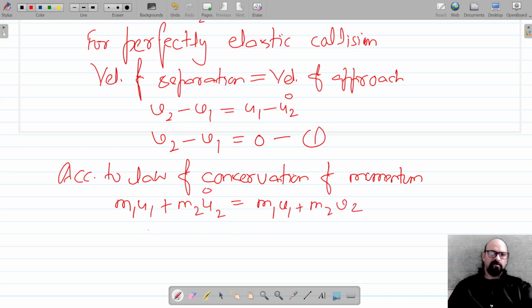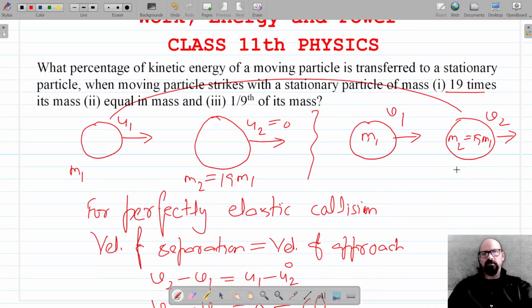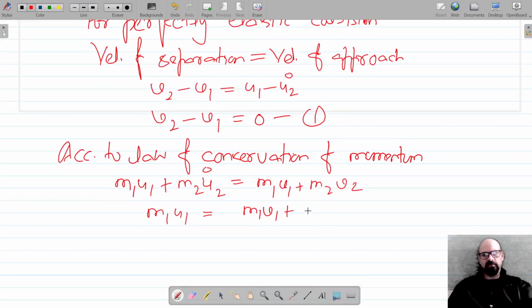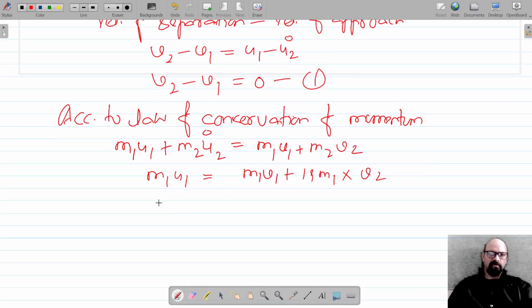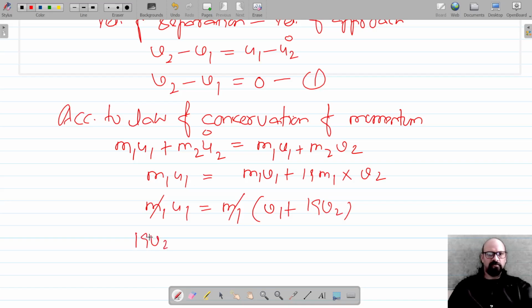Now u2 is 0, so on the left hand side you are left with m1 u1. On the right, m1 v1, and m2 is 19 times the mass of the first body, so 19 m1 v2. Here m1 is common and cancels, and I can write this as v1 plus 19 v2 is equal to u1. This is the second equation.